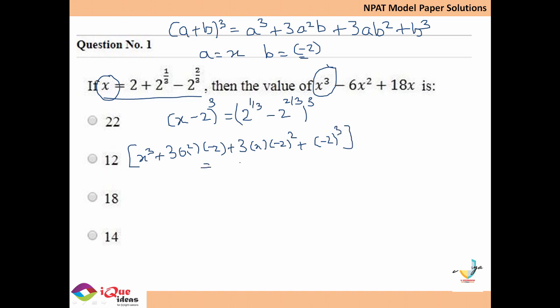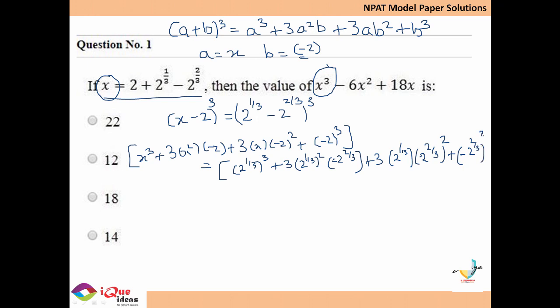And comparing it to the right hand side, the right hand side also gets a cube plus 3 into a square into b plus 3 into a into b square plus b cube, with b being minus 2 raised to 2 by 3. So if you write this down, you'll be able to understand, right? It's a bit haphazard on the screen, but that's fine.